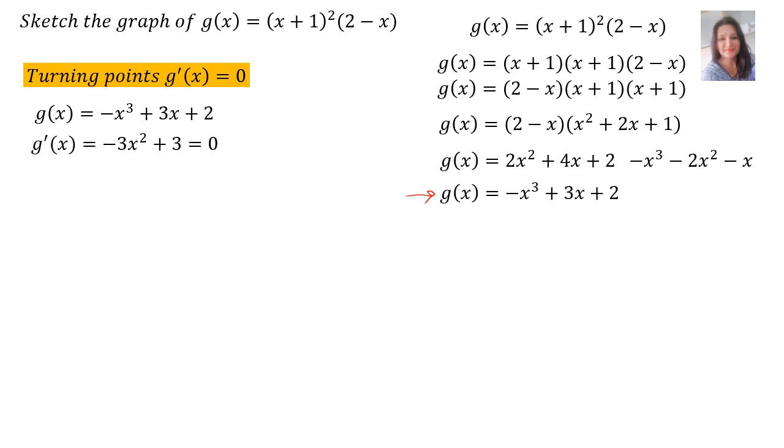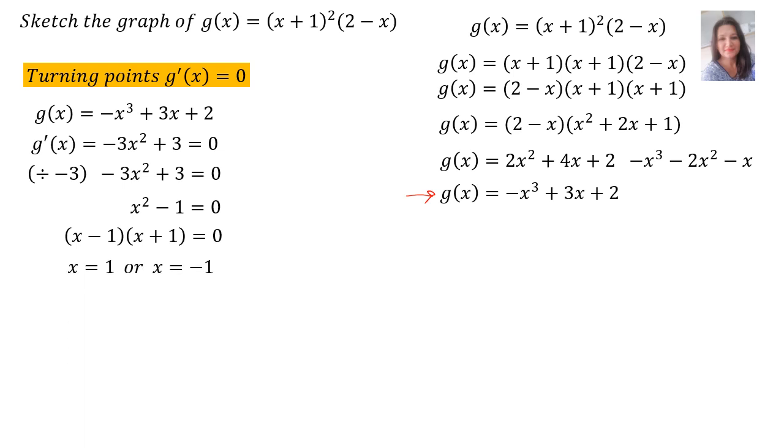Remember, because a turning point is a local maximum or minimum. We can solve for x, but first I will divide right through by negative 3, and I end with x squared minus 1 is 0. Now that one we can factorize. It's the difference of two squares, and it becomes (x minus 1)(x plus 1) is equal to 0. And then x is equal to 1 or x is equal to negative 1.